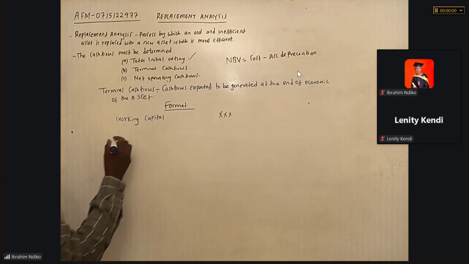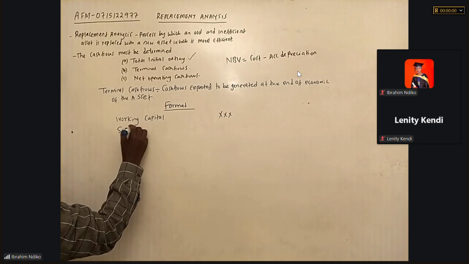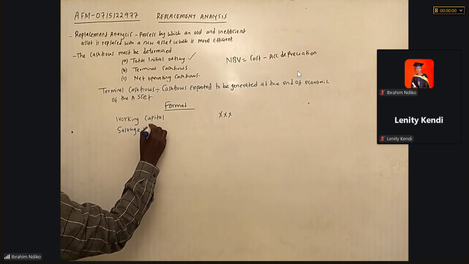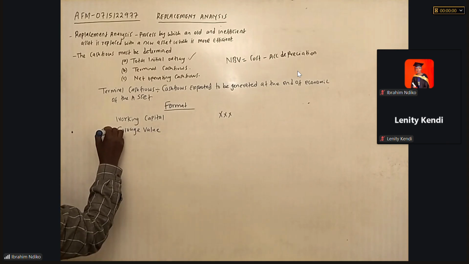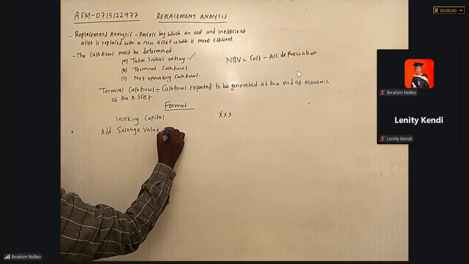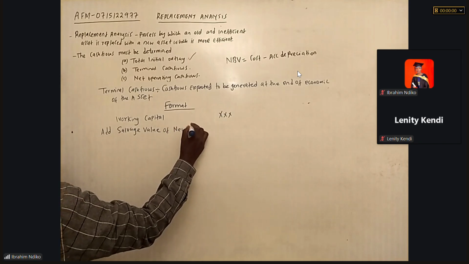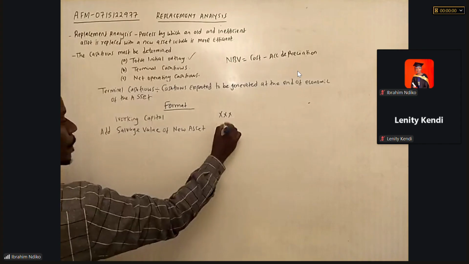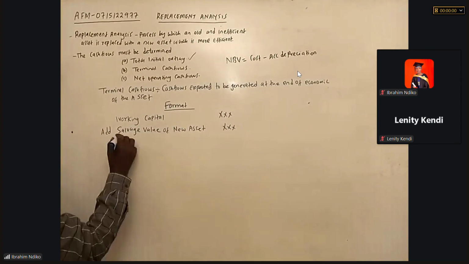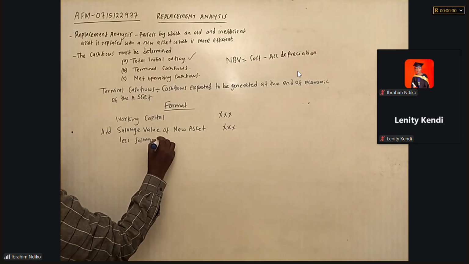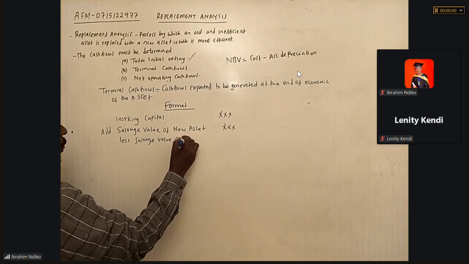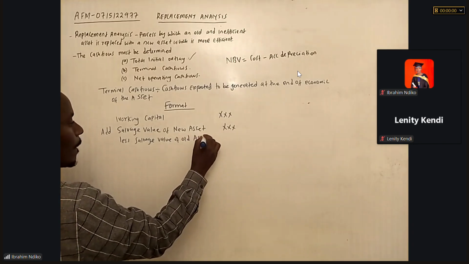Then we add salvage value. We add the salvage value of the new machine, for the new asset. Then we less the salvage value of the old asset.